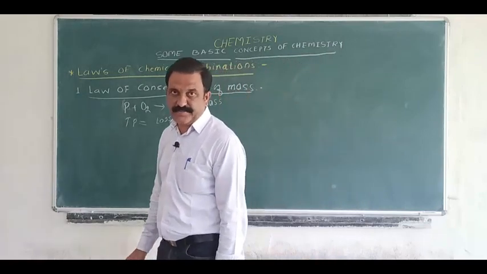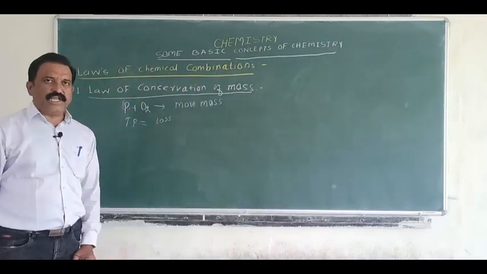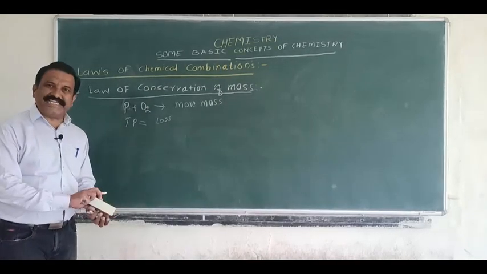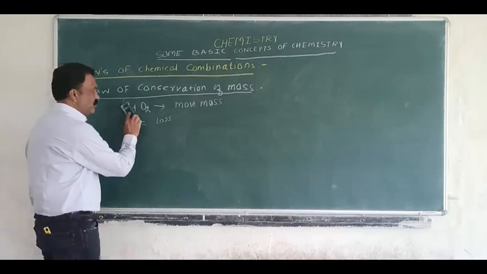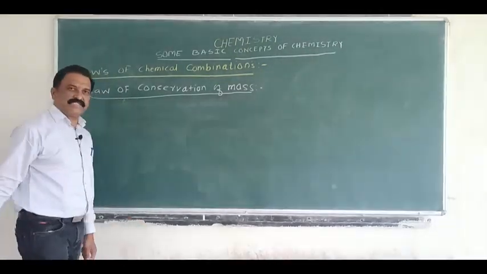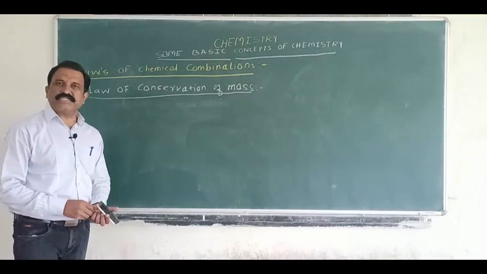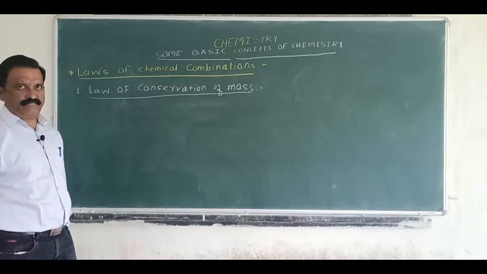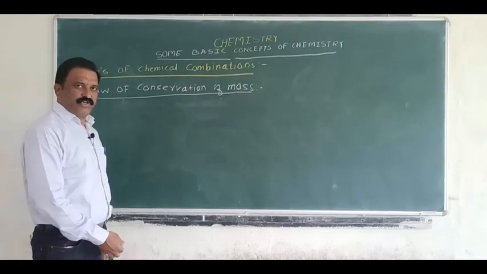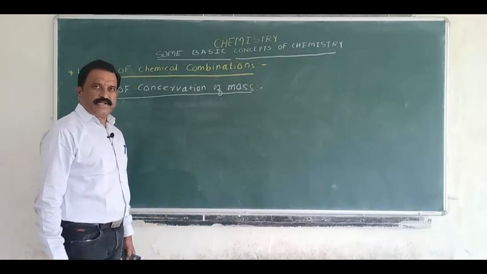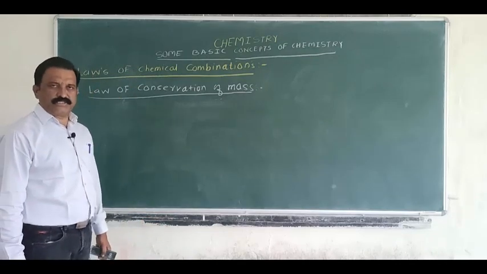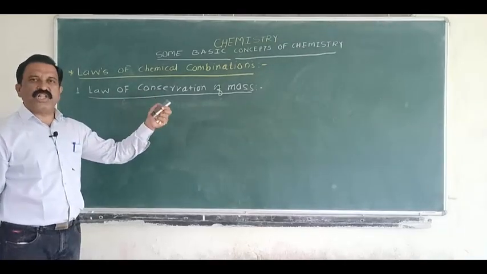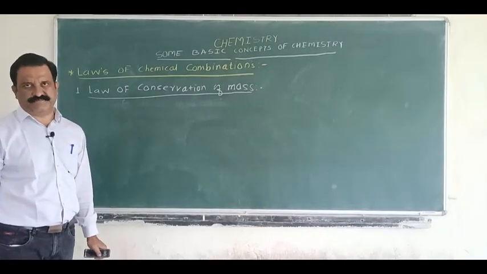In the combustion experiment, Lavoisier observed that the gain in mass of phosphorus is equal to the loss in mass of oxygen during the burning process. Based on these observations, he proposed the law known as the law of conservation of mass.